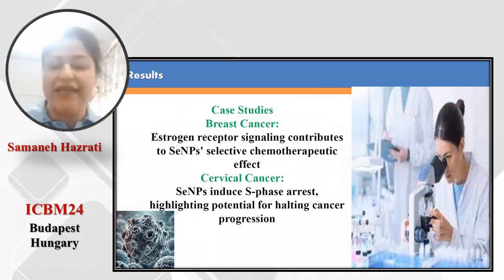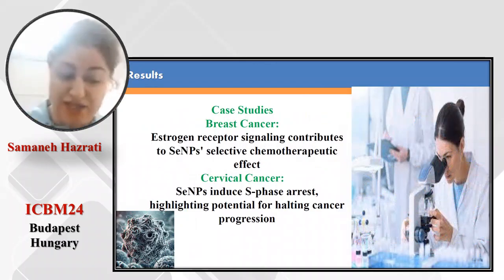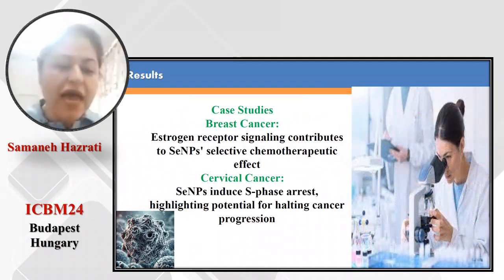In this slide, I'll highlight two specific case studies on the application of selenium nanoparticles in breast cancer. Selenium nanoparticles leverage estrogen receptor signaling to selectively target cancer cells, enhancing their chemotherapeutic efficiency.